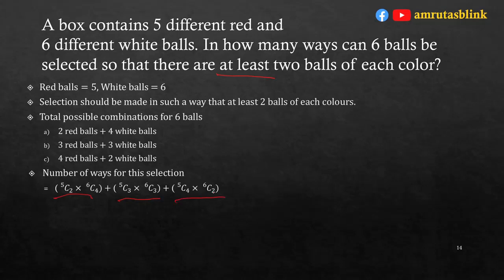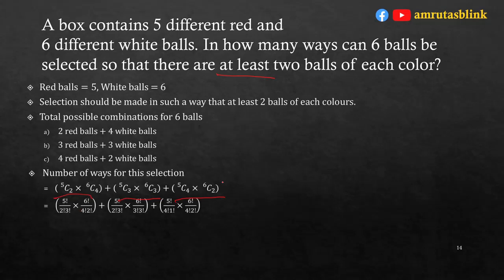So out of 5 red balls we can select 4 red balls, and out of 6 white balls we can select 2. And all these cases we need to add because of the sum rule. So ultimately number of ways for this selection will be 5C2 into 6C4 plus 5C3 into 6C3 plus 5C4 into 6C2.